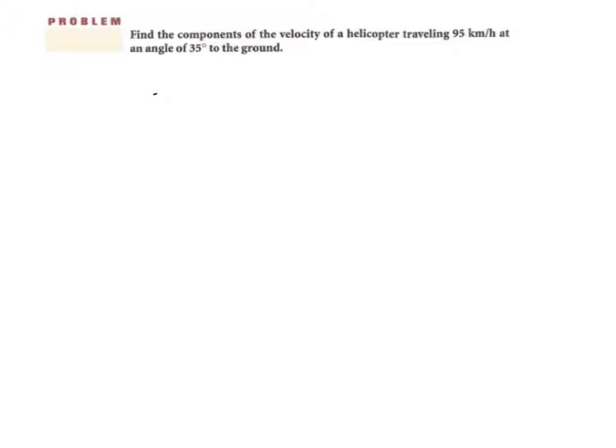I'm going to draw my velocity vector of the helicopter, and this is 95 kilometers per hour. I'll also draw the ground here, and I know this angle is 35 degrees.